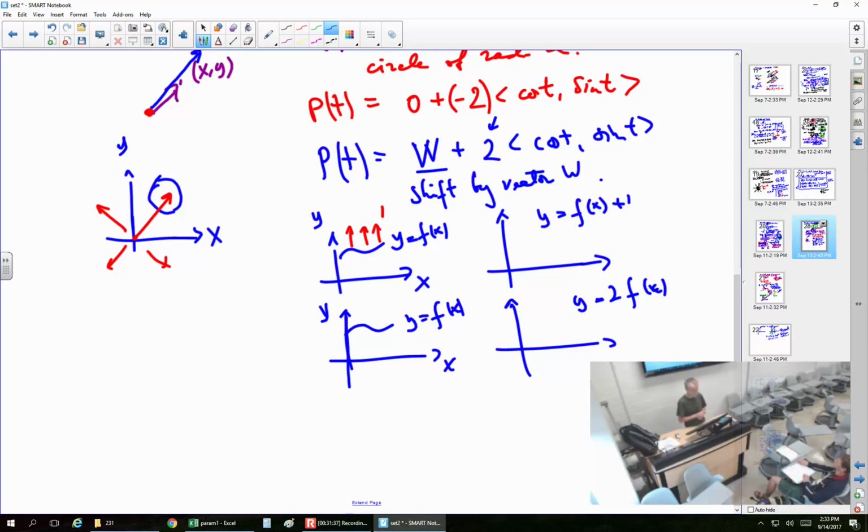It's a vertical stretch. Okay, still not specific enough. Vertical stretch by a factor of 2? Yes. But can you try to be more specific? Which way do you stretch? Do we stretch up or do we stretch down?